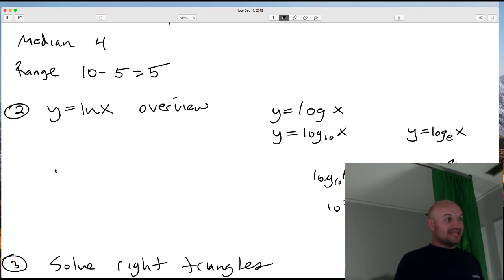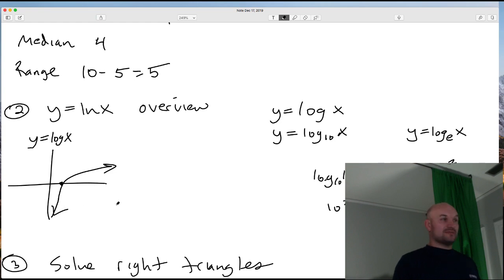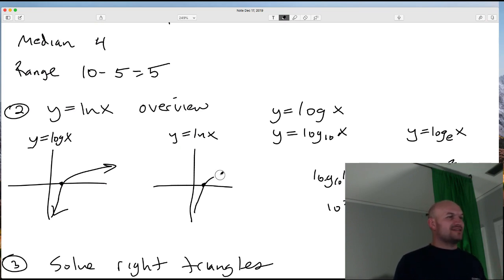Now, as far as the graph goes, if I was to graph y equals log of x, the logarithm graph looks something like that, and y equals ln of x is going to look the same. Yes, it varies a little bit because the base does impact the graph, but the shape of the graph is going to be the same.